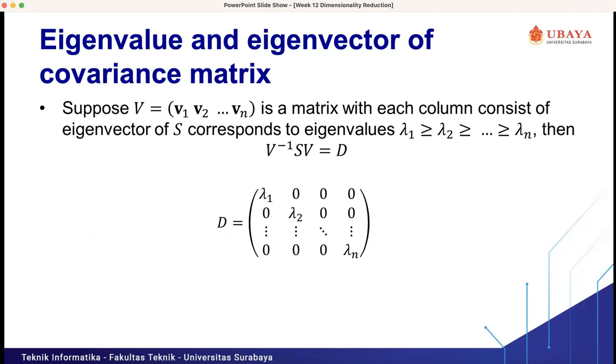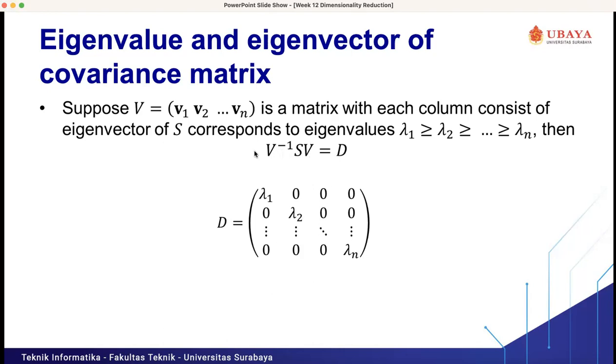Then for the eigenvalues and eigenvectors of the covariance matrix, suppose V is a matrix which contains vector 1, vector 2, until vector n. It is a matrix with each column consisting of the eigenvectors of S corresponding to eigenvalues lambda 1, lambda 2, until lambda n. Then if we multiply the inverse of V, multiplied by S, the covariance matrix, and multiplied again by matrix V, it will be a diagonal matrix D, where D equals lambda 1, lambda 2, until lambda n on the diagonal.